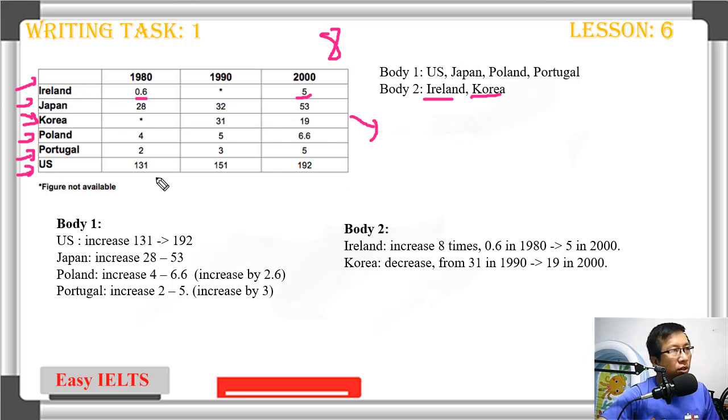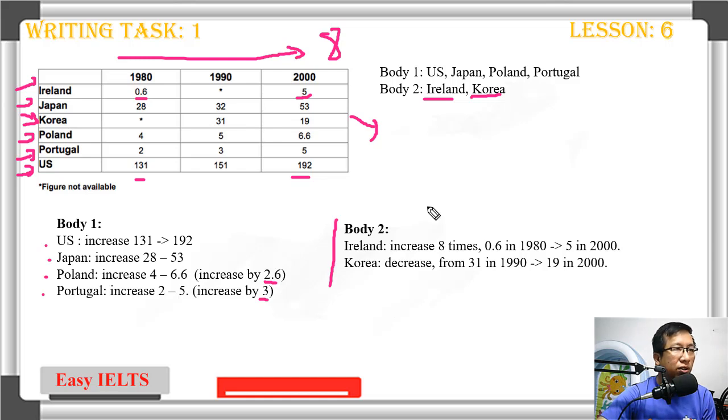Okay. Because it is a table with the number changing over time, we go into talking about the trend. The number increases from this number to this number, Japan also, Poland and Portugal. So instead of saying the number increased from 2 to 5, we can say it increased by 3, and the same with this number.